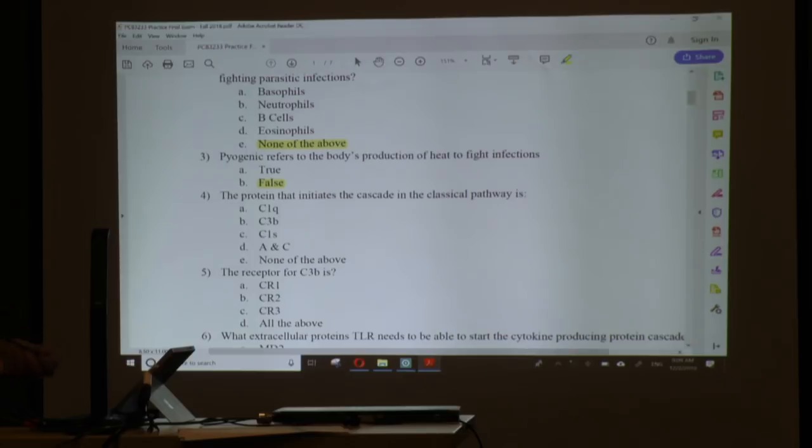We're going to be split between C1q and C1s because we know C3b is involved in the alternative, not the classical. But what about C1s? How many of you think C1s is the one that activates complement? Here's one. Okay. So the correct one is C1s, actually. And I'll tell you why.